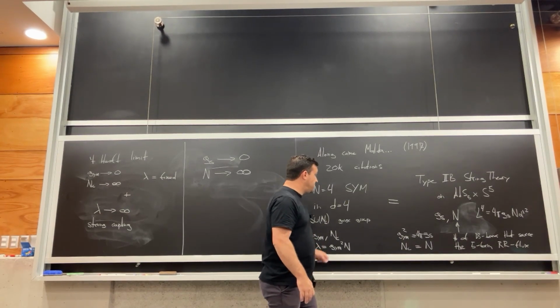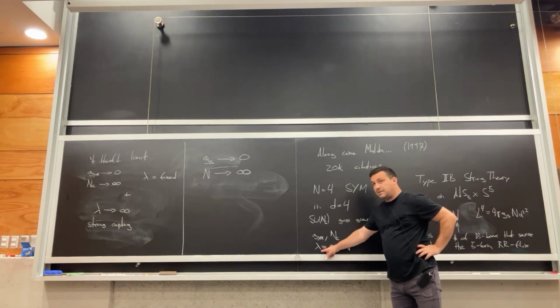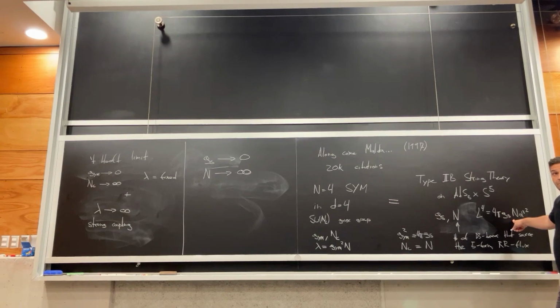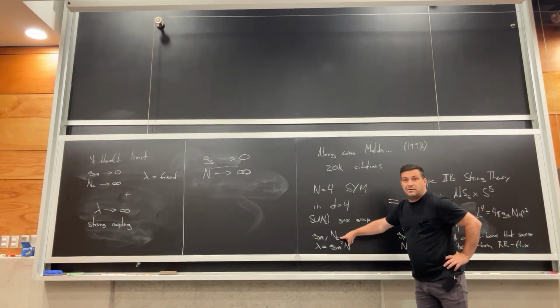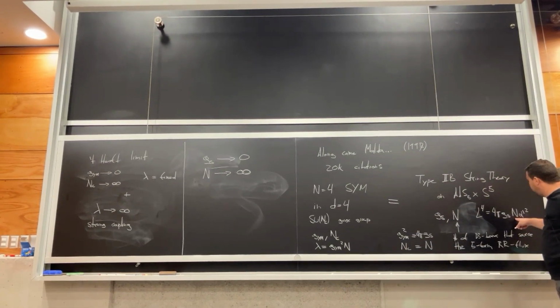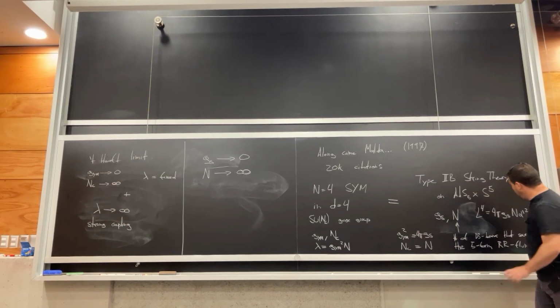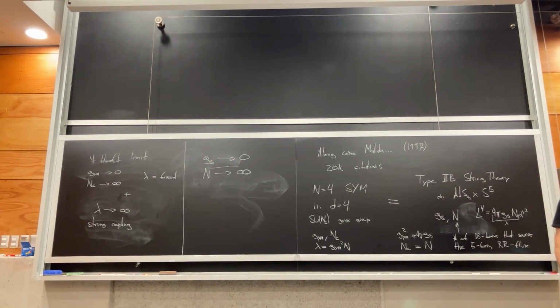Now, what is lambda in this language? This is L to the 4th, right? N is the same as the number of colors, so I can just put N colors here. And then I get 4 pi g string, but 4 pi g string is g Yang-Mills squared. So this is exactly lambda. Does that make sense?